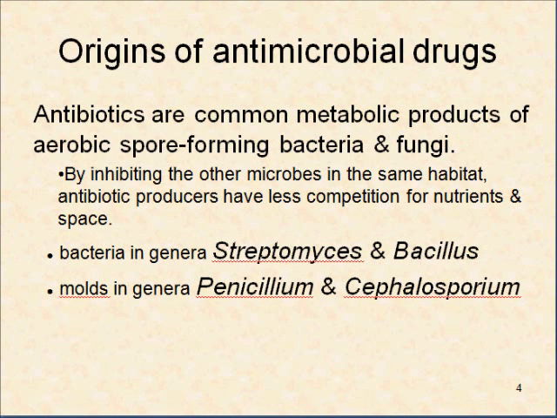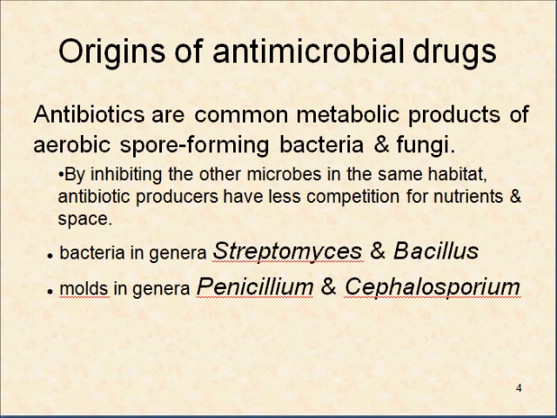So, the origins of antimicrobial drugs. Antibiotics are common metabolic products of aerobic spore-forming bacteria and fungi. What they do is inhibit other microbes in the same habitat, so there is less competition for nutrients and space.